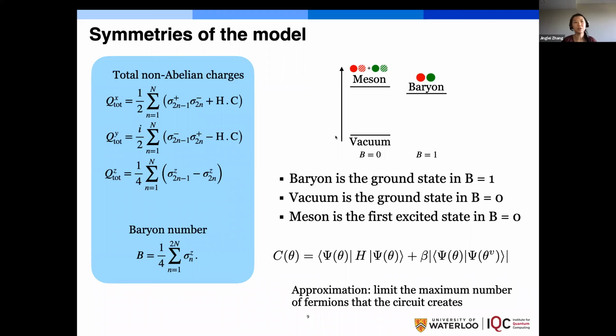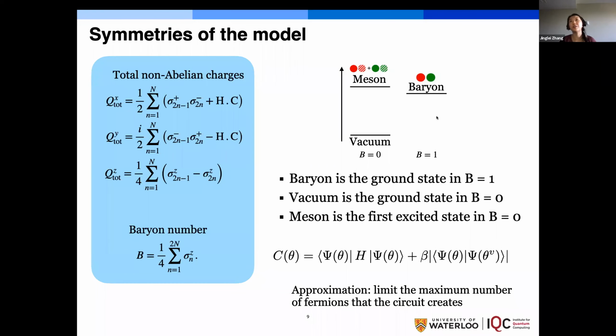And then in the design of our circuit, besides respecting all these symmetries, we will also introduce a further approximation to make life easier, which is that we limit the maximum number of fermions that the circuit can create in each of the parametric states. So these are all the rules that we use in order to design the parameterized state that we use to look for the states that we're interested in.